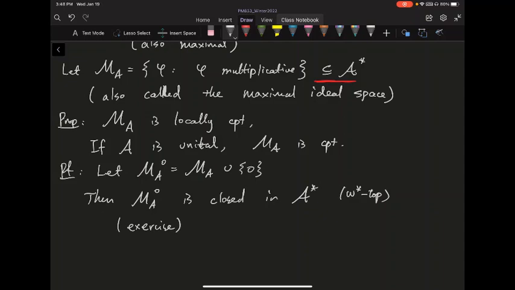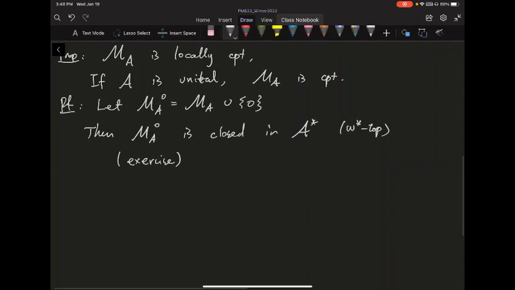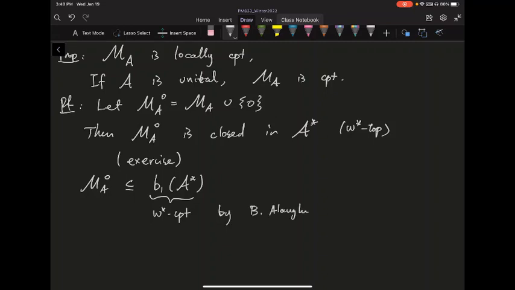And because it's closed, I have the very nice result of Banach-Alaoglu. Because M_A0 is contained inside the unit ball of the dual space of A, and that is weak star compact by the Banach-Alaoglu theorem. So M_A0, being a closed subset there, is going to be compact and Hausdorff.